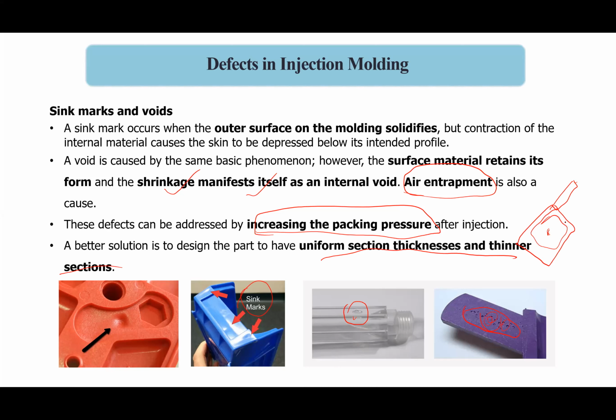The shrinkage on the outer surface is adjusted, but in the inner surface, due to the shrinkage, a void is created. That is also the reason for shrink marks. So it is preferable to design plastic products with uniform thickness to avoid this kind of defect.